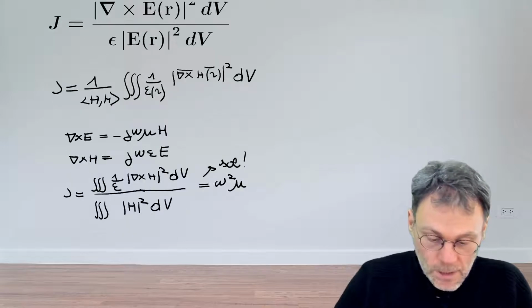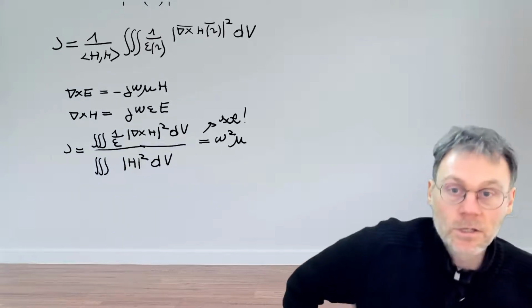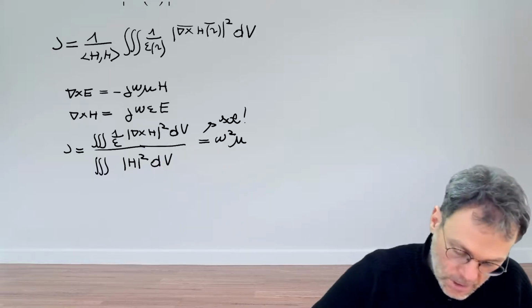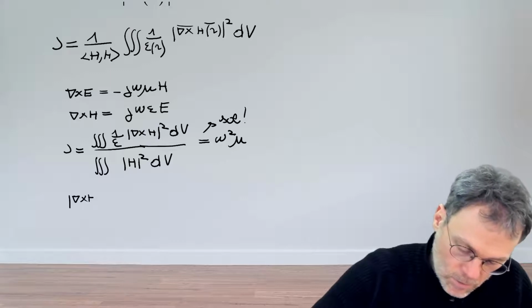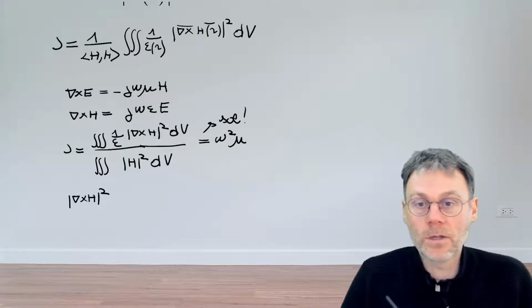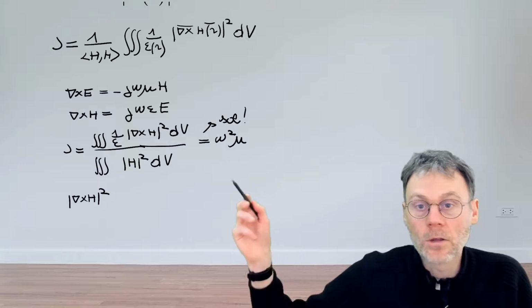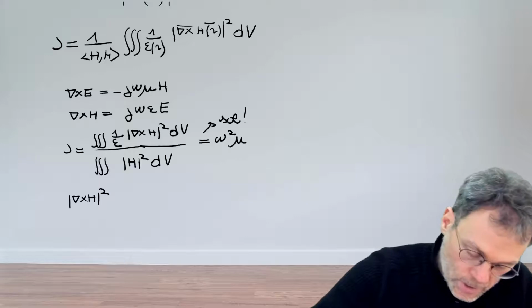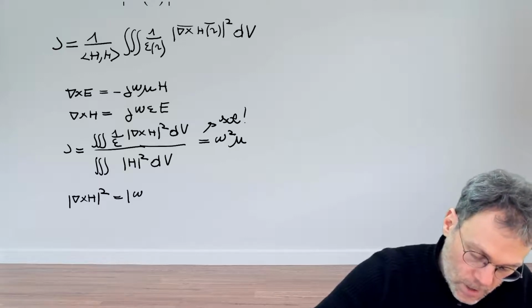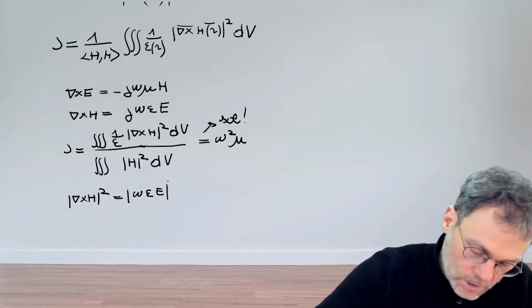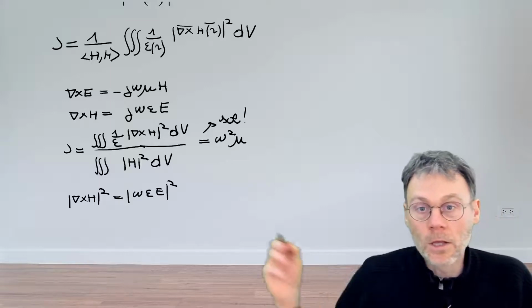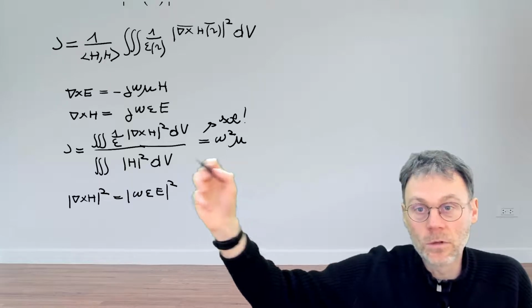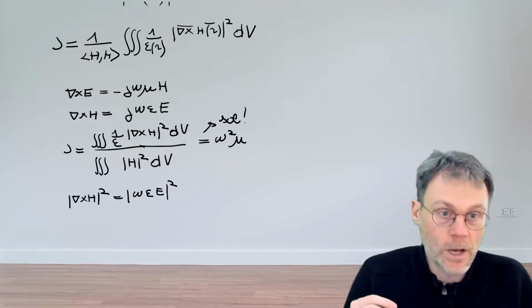Let's try and get rid of the magnetic field, shall we? Let's first look at the magnetic field over here. That is the curl modulus squared of the magnetic field. Now, if we look at this particular equation over here, we quickly realize that this is equal to omega epsilon E squared. Now, since we have a solution, this omega squared will be equal to J divided by mu.